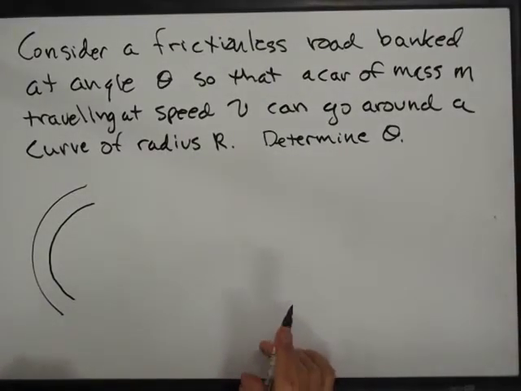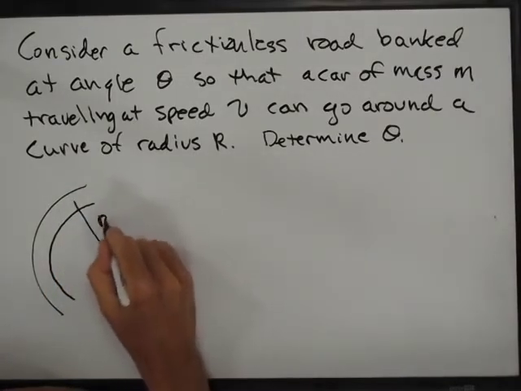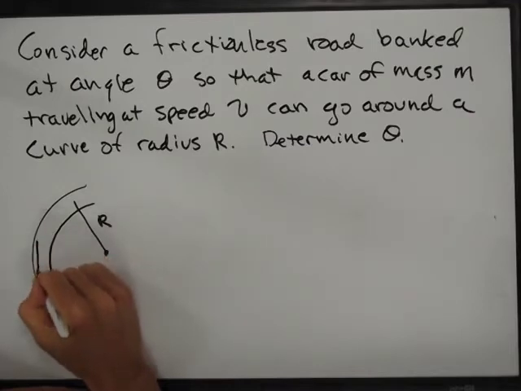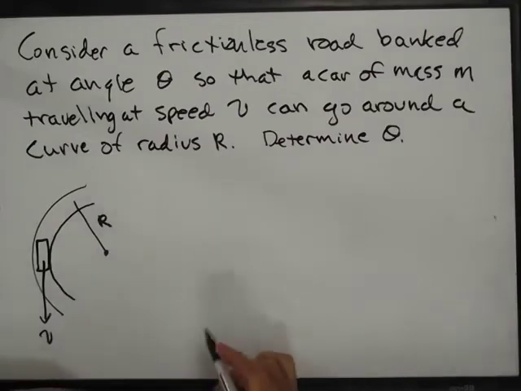So we're going to do a car going around a curve again. I'm going to have, again, a radius r, and a car going around this curve, and its speed is v. The mass of the car is m, which we may or may not need.